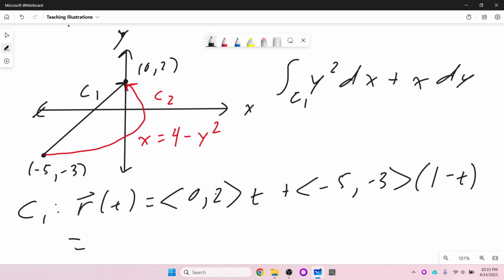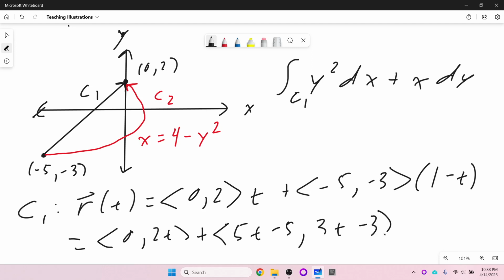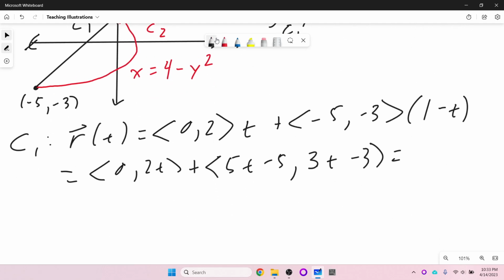Which then we combine to get (0, 2t) plus (5t minus 5, 3t minus 3), which combines to (5t minus 5, 5t minus 3), where t goes from 0 to 1.